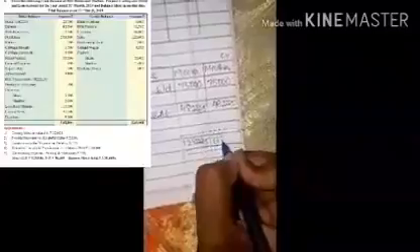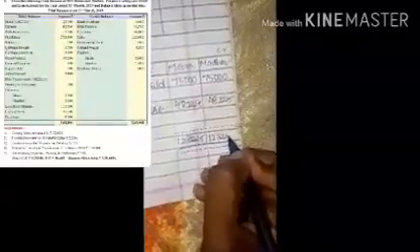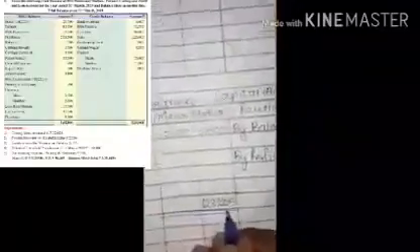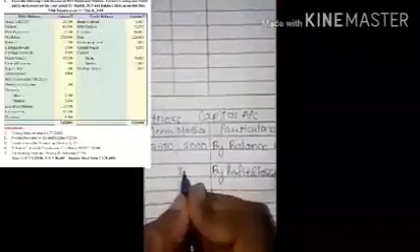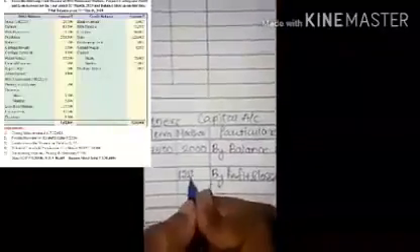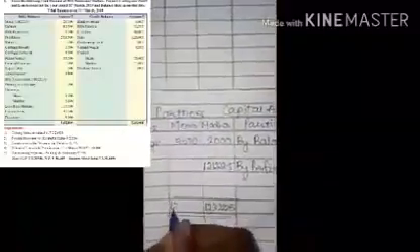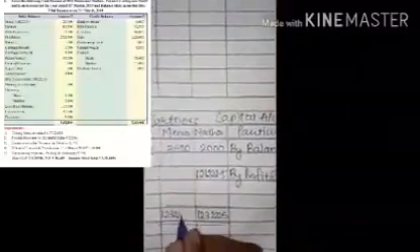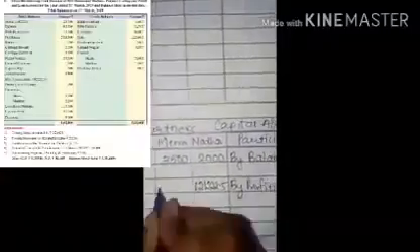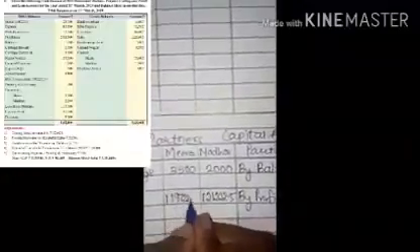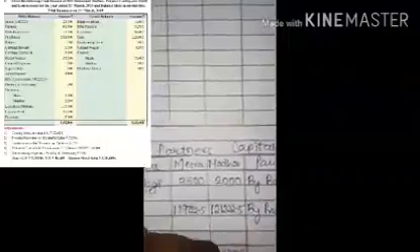Here also 1,23,222.5. 1,23,222.5 minus 2,000. So Madhav balance is 1,21,222.5. And here in Meera 1,23,222.5 minus 33,500. So we get 1,19,722.5.